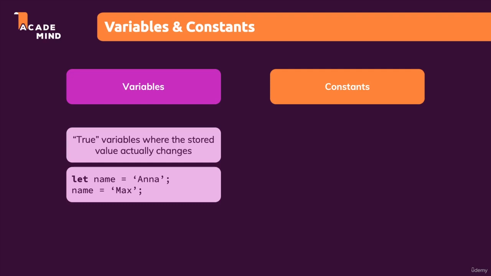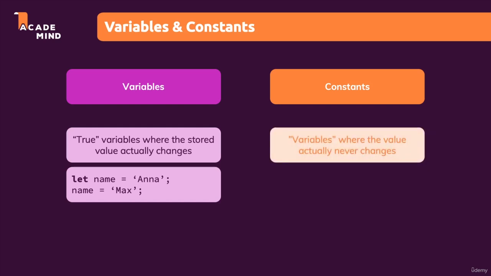And therefore, thus far in this course, where we only learned about these kinds of variables, we only worked with such true variables which could really change. Now, often in development though, you also deal with so-called constant values. So values which you store in a variable once, but which you then never change.